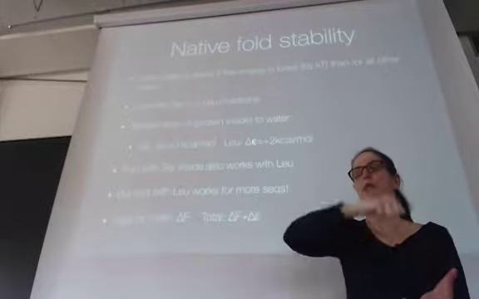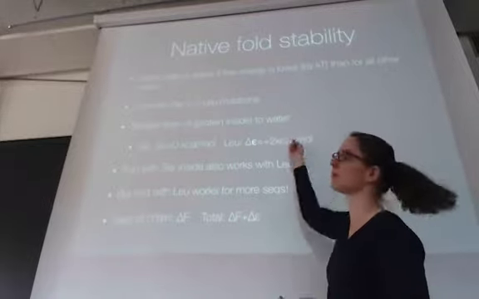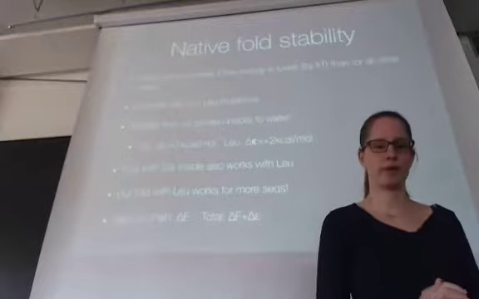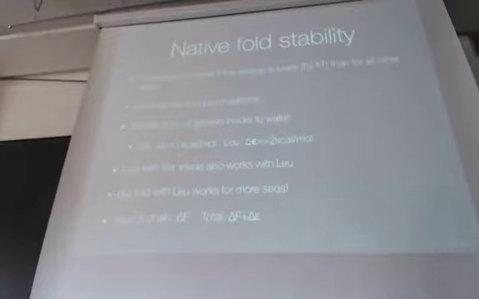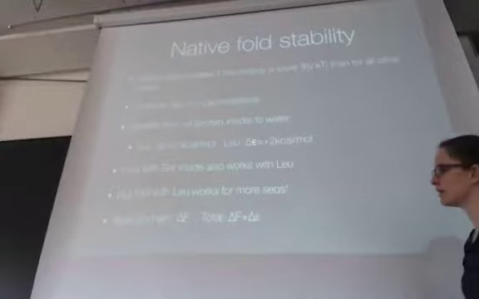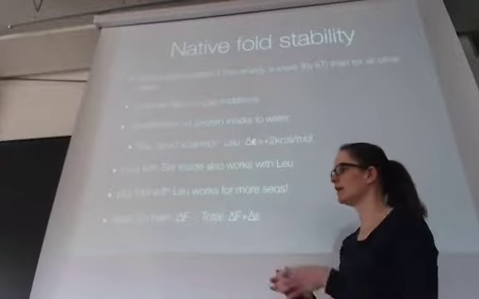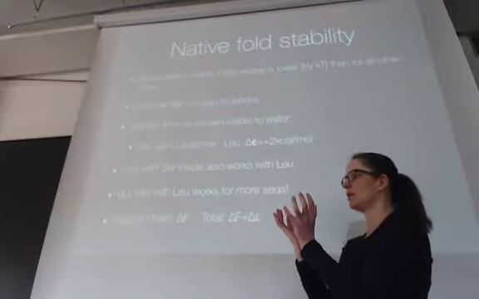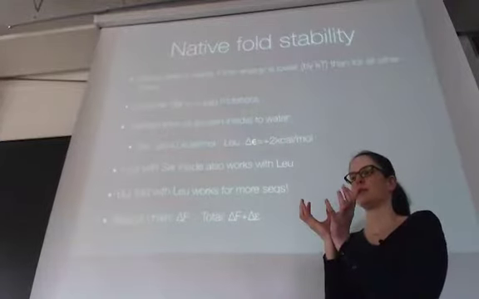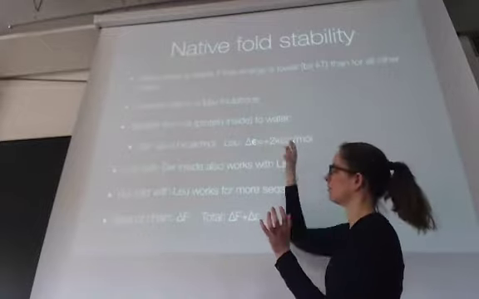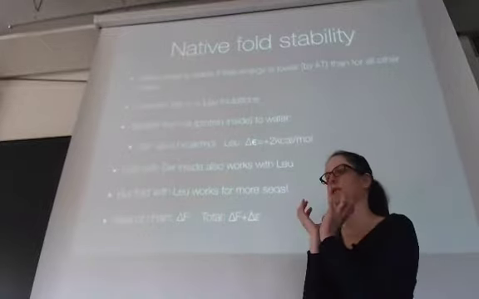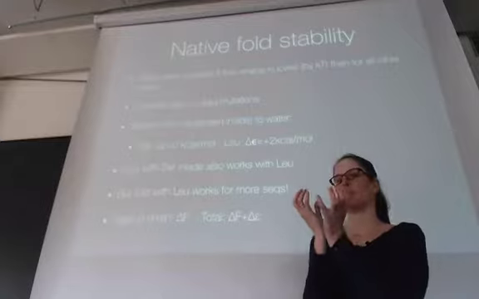So when you take it from oil and put it in water, you pay roughly 2 kcal per mole. So inside of proteins, you will see serines and you will see leucines. But when you bury leucine inside of the protein, you're gaining free energy, right?